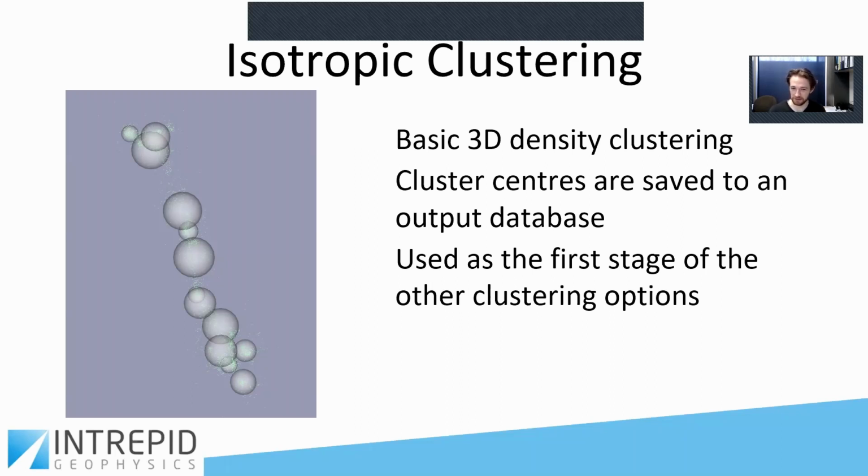Just back to the basics, the first thing you can do in the tool, just really simple, is finding cluster centroids. If you just want to thin out data, or you need to estimate the rough location of the cloud of points, this is the tool you can use. It saves a simple data set with all these centroids and the qualities of each cluster, such as how many points the cluster has and where it's located.